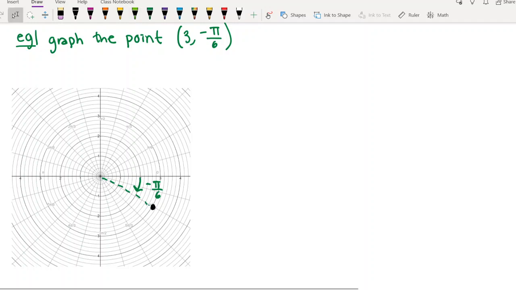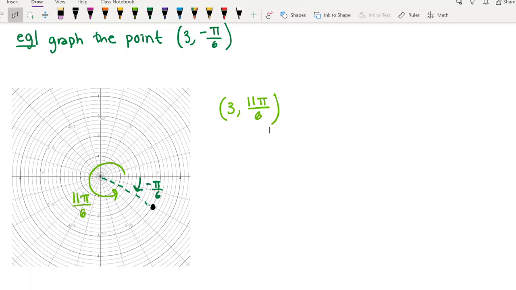Instead of describing this angle as negative pi over 6, we could describe it as 11 pi over 6. Our point would still have a radius of 3. So r is still 3, and then we just change the angle to 11 pi over 6, because it's still pointing the same direction, still the same distance, still in the positive direction.